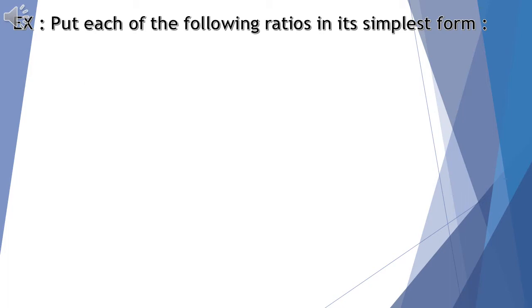Example. Put each of the following ratios in its simplest form. Write 20 to 15 in simplest form. To write the ratio in simplest form, divide the two terms by the highest common factor.